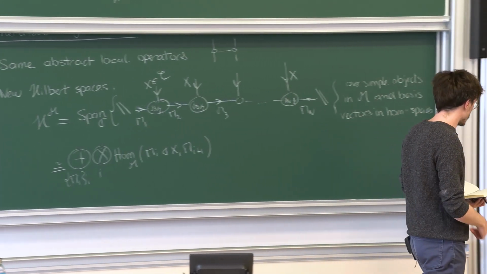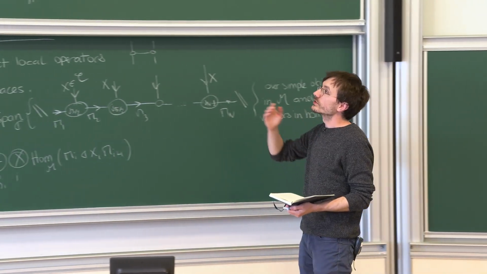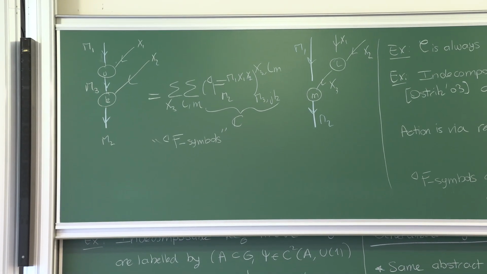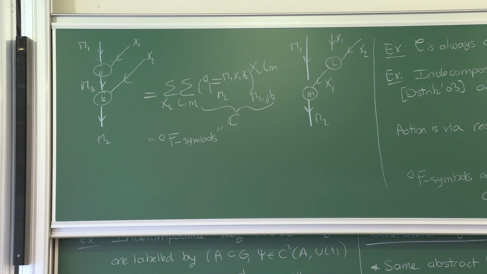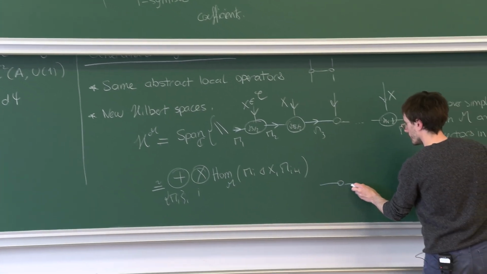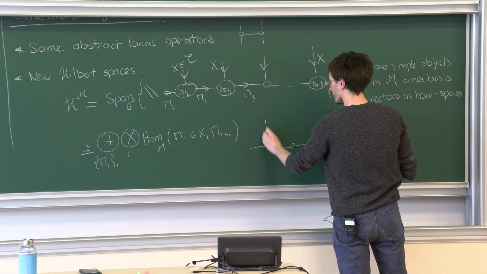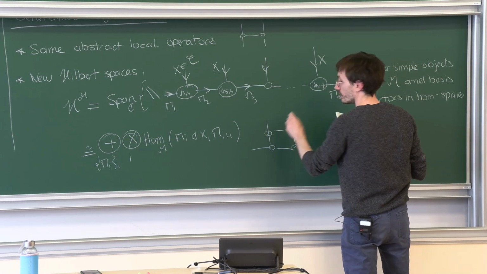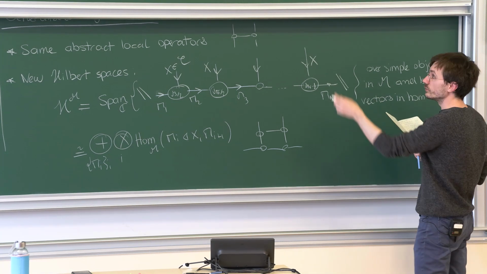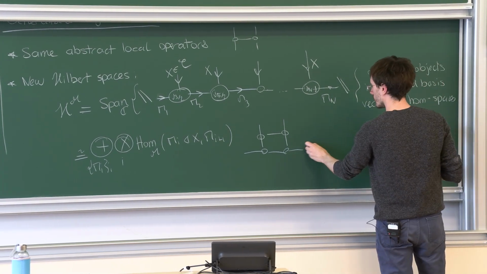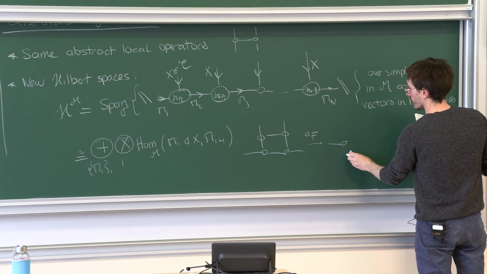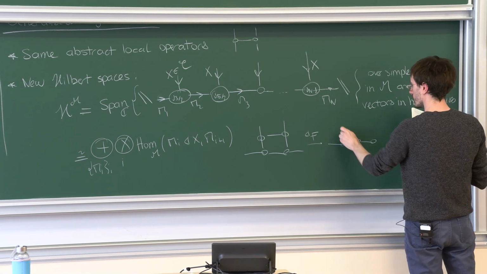I can redo it quickly. Graphically, the only difference is that now we're going to use this modified F move that is at the top there. So let me do that at the bottom here. So remember, we would stack the local operators on top of the state, right? And then we would repeatedly use the move over there. So I use it once to get something that looks like this.